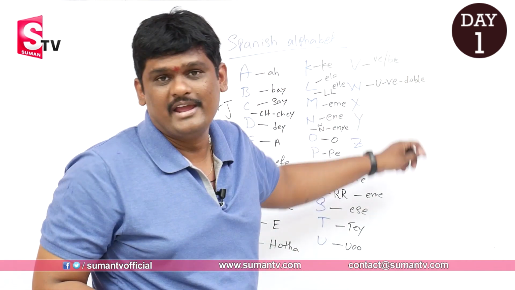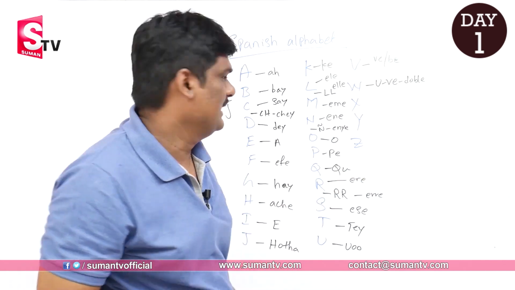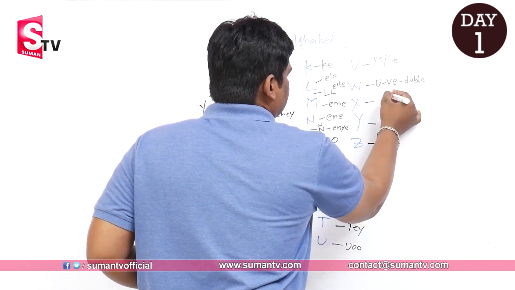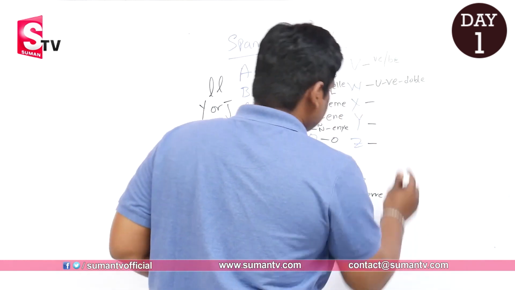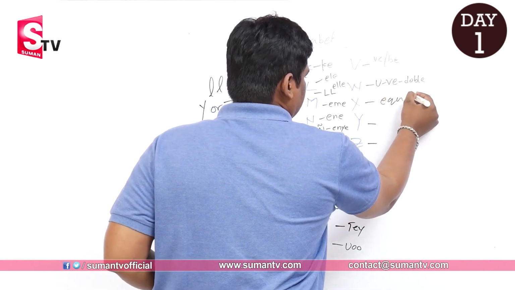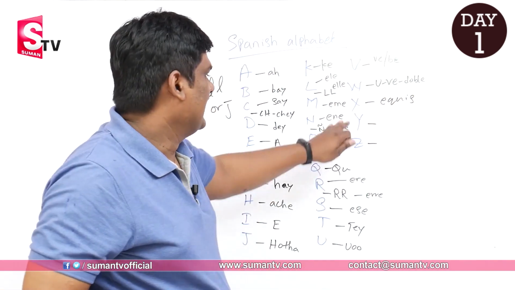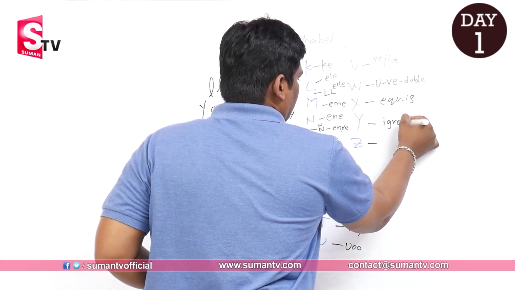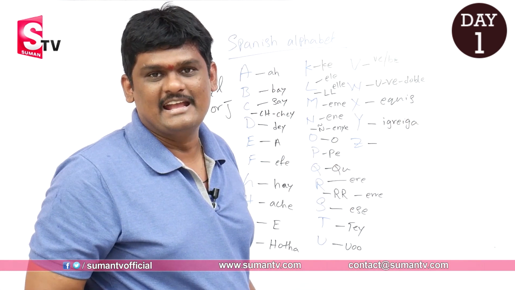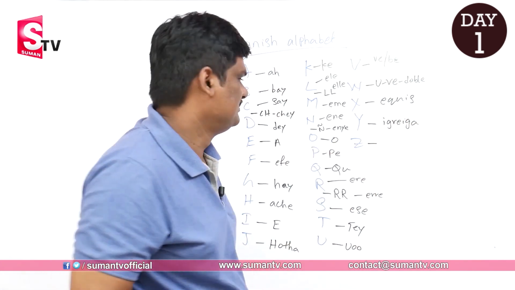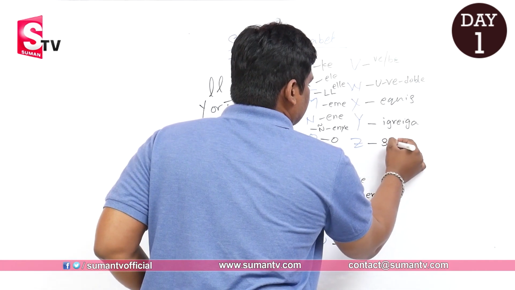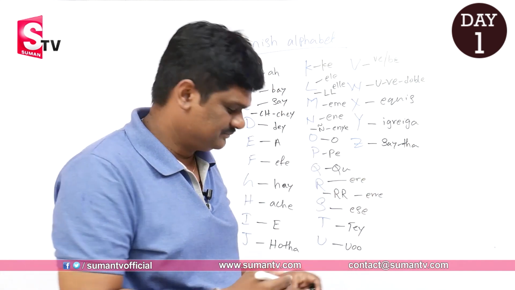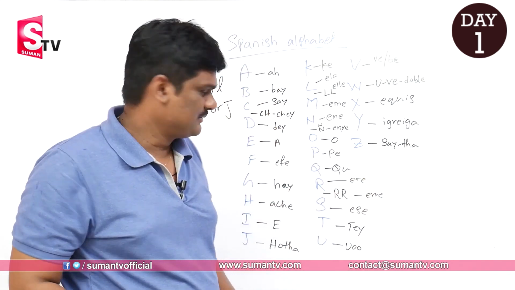And W is uve doble. X is X. Y is Y, Ega. Z is Zeta. So now we'll revise all those things.